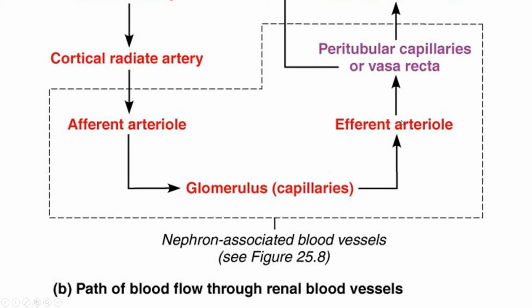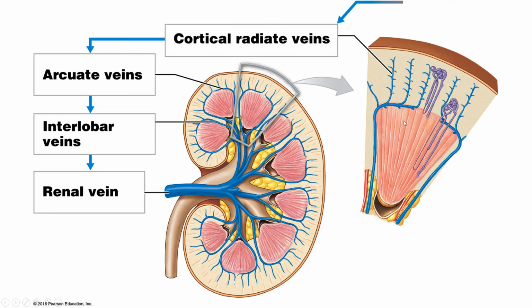And this efferent arteriole will also surround the vasa recta, which will again be in the medullary area of the kidney. And again, if you trace it, afferent arteriole, glomerulus, efferent arteriole, peritubular capillary, and the vasa recta. And of course, from that is going to exit into the venous supply.